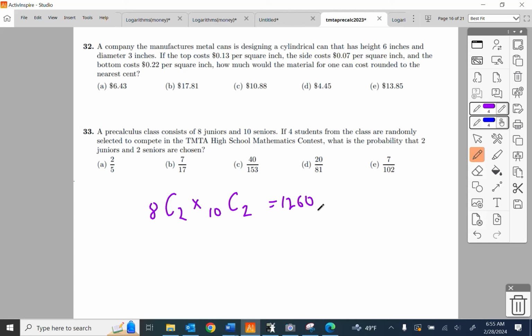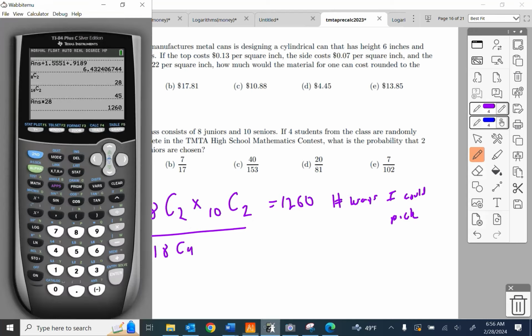Combinations may not have been the best way to do this. That gives me the total number of ways. This is the number of ways I could pick. The real question is, what's the denominator? Is the denominator going to be 18 choose 4?